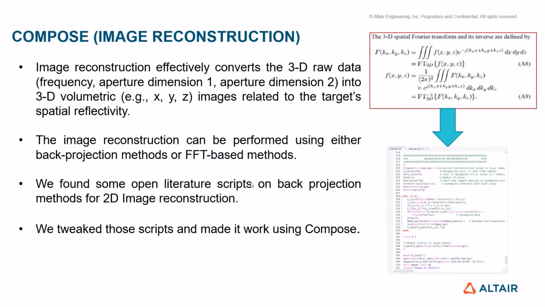I can pass the structured data to Compose, where one can write signal processing algorithms and use them for further processing. Probably they can use fast Fourier based algorithms that are available for 3D, write them in Compose, process the data and form the image.